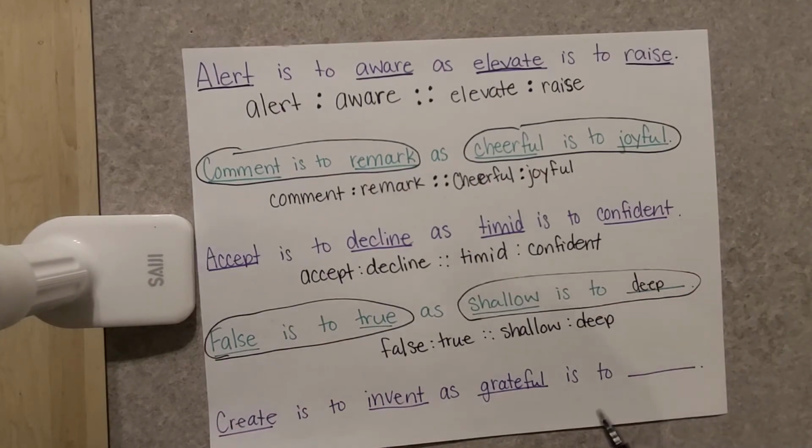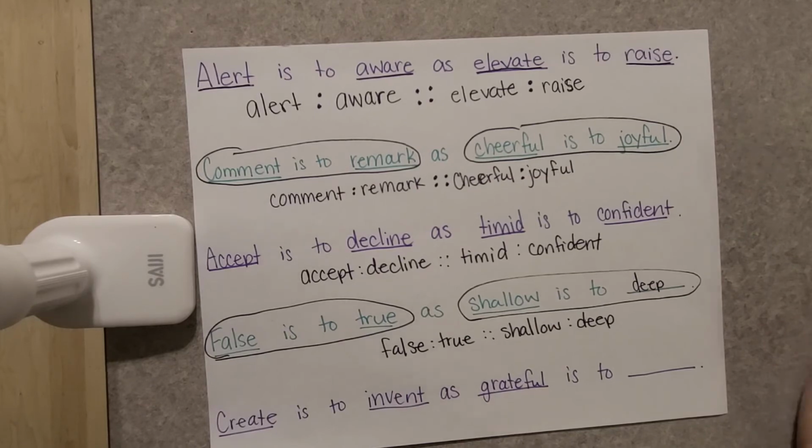And then this last one, I know I have a blank here, but that means I have to consider how my first pair is being used. Create is to invent, as grateful is to blank. Create and invent, I know that those both have similar meanings, which means they would be synonyms. So whatever word I choose to put in the blank should be a synonym or a word with a similar meaning as grateful.